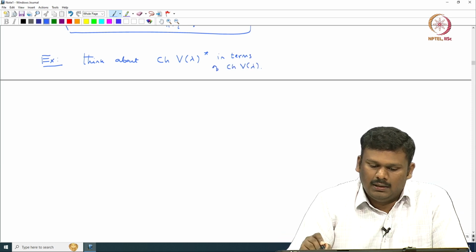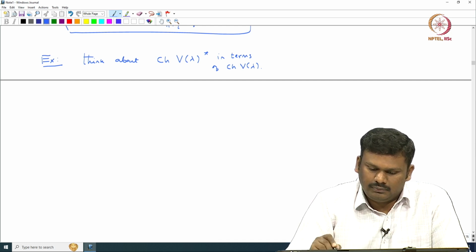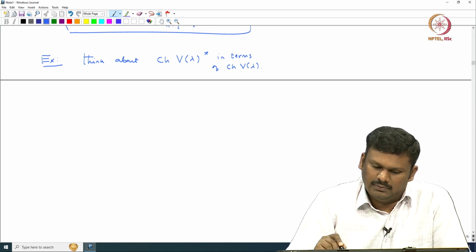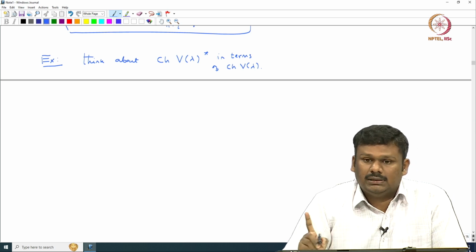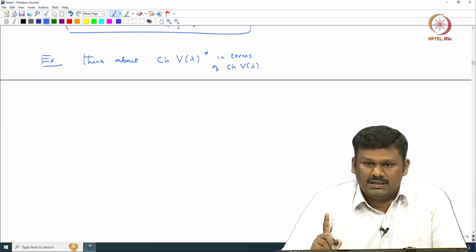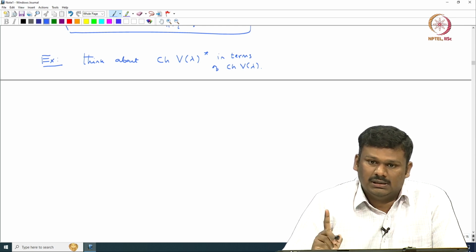It is going to be indeed, you just have to take the corresponding inverses. I will leave it to you to think about it, it is not that hard. Note that if V lambda is finite dimensional irreducible, then V lambda star is also finite dimensional irreducible.